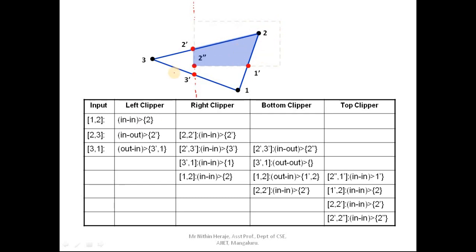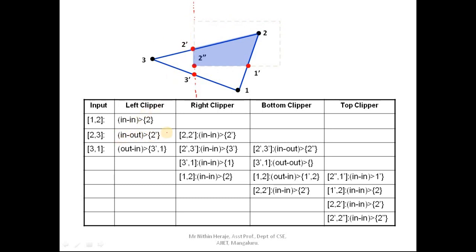Okay. Next, go to the edge 2 comma 3. When it is 2 comma 3, this is for the left clipper, so this is the left clipper. 2 to 3 is this 2 to 3. So 2 to 3 for the left clipping, it is inside to outside. When it is inside to outside, you have to just note down 2 dash as the output.